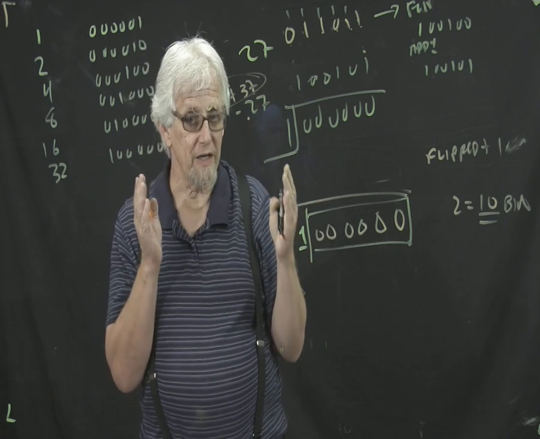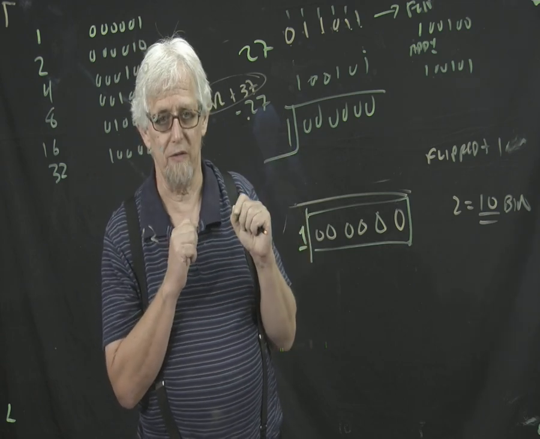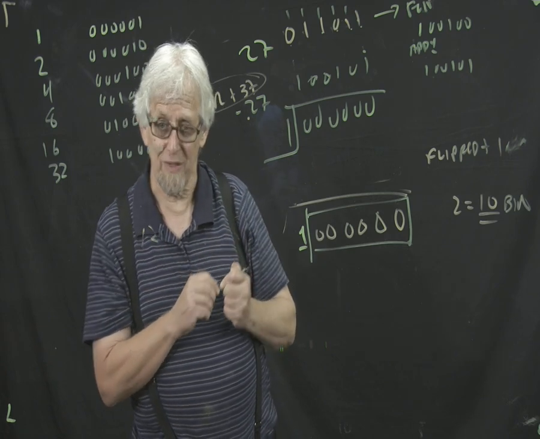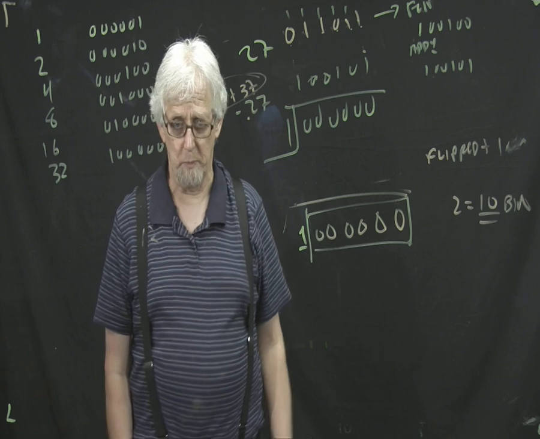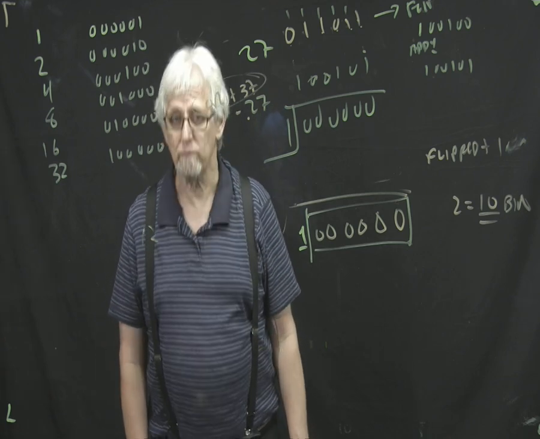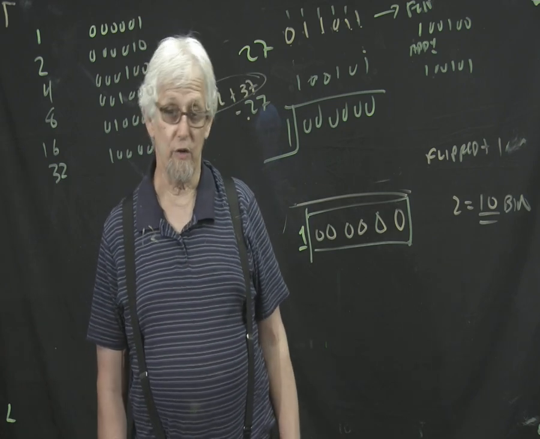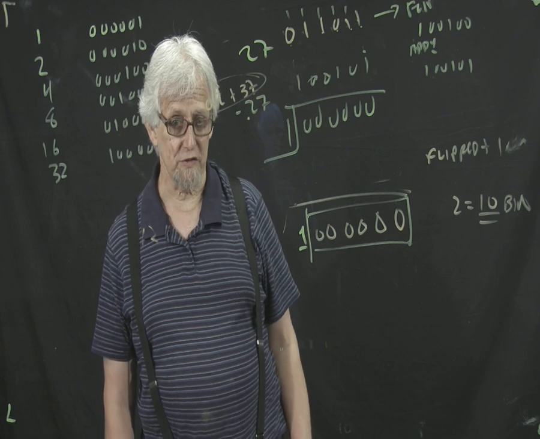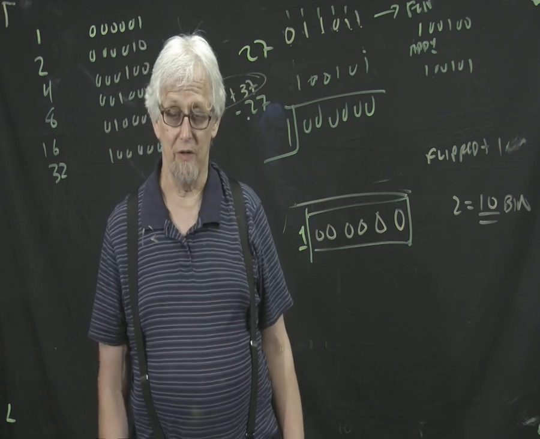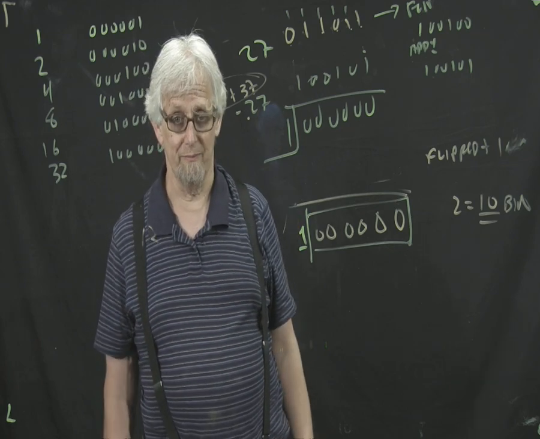If I wake up in the morning and I say, I don't care about negative numbers today, it's a plus 37. And this turns out to be true in assembler also. Depending upon what I'm doing, I can think of it as positive or think of it as negative. There are few assembler instructions which will just be dependent upon using unsigned numbers or signed numbers. The actual bit patterns in memory are going to be like this.